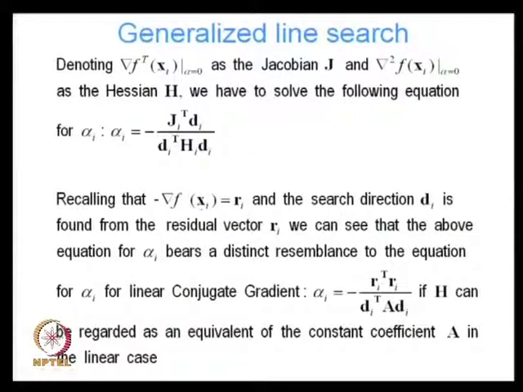So, that is the difference. This is exactly what I said, we can see there is a distinct resemblance of this equation to the linear conjugate gradient if H can be regarded as an equivalent of the constant coefficient A in the linear case.